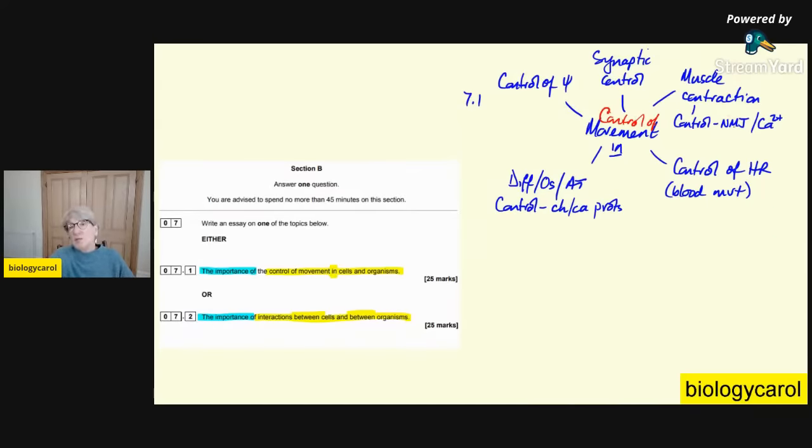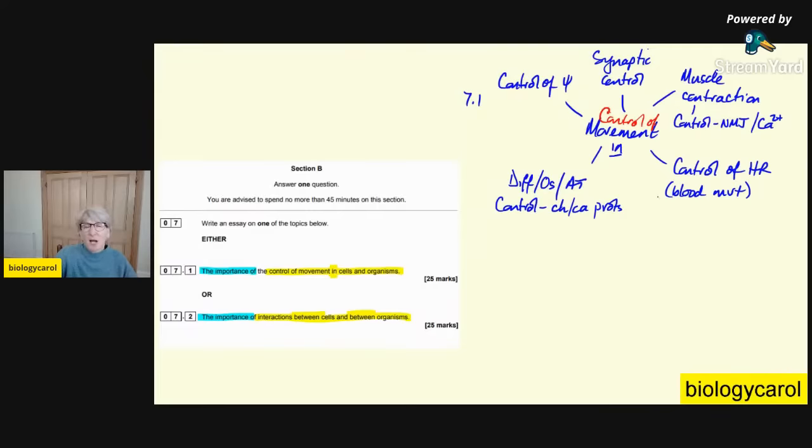Control of muscle contraction: here I was going to talk about the neuromuscular junction and calcium ions. Control of heart rate, because of course that is control of movement of the blood. And also diffusion, osmosis and active transport, because the control there is by the channel and the carrier proteins.